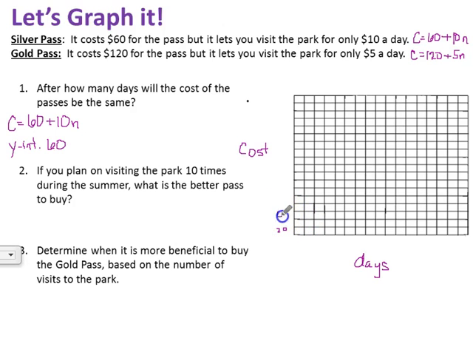So 2, 4, I'm going to label every other one so it doesn't get too crowded looking.